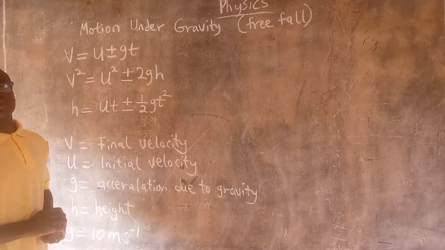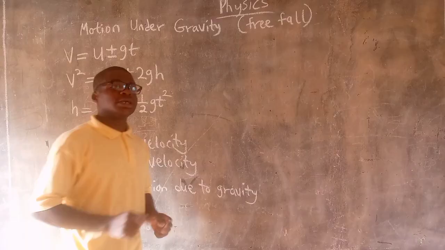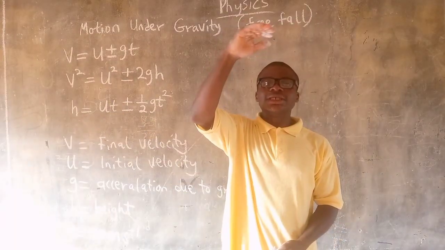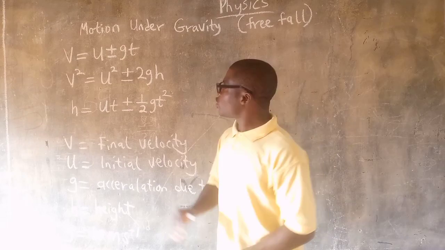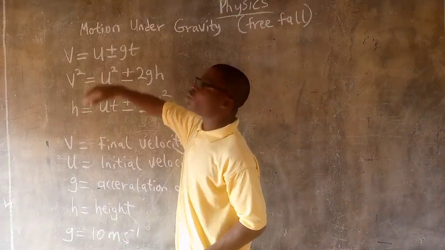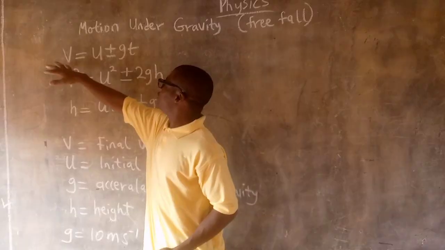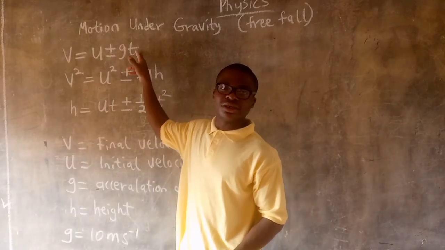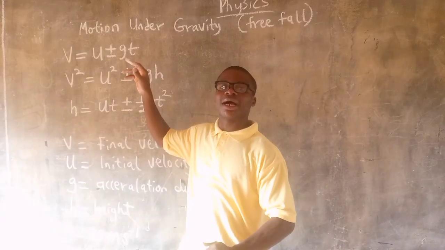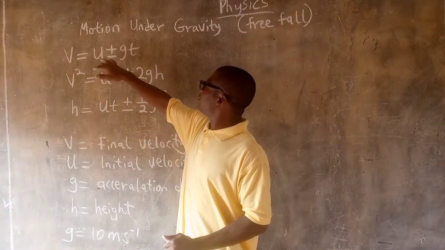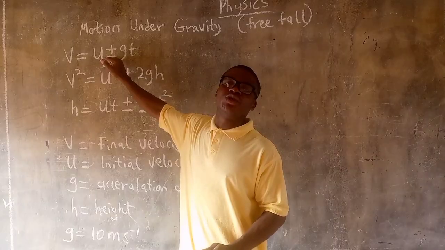Plus is used when the motion is falling, when the object is falling from a height. So when the object is falling from a height, if you want to use this equation, then the equation may be V equals U plus GT. But if the object is thrown upwards, then negative sign is used.